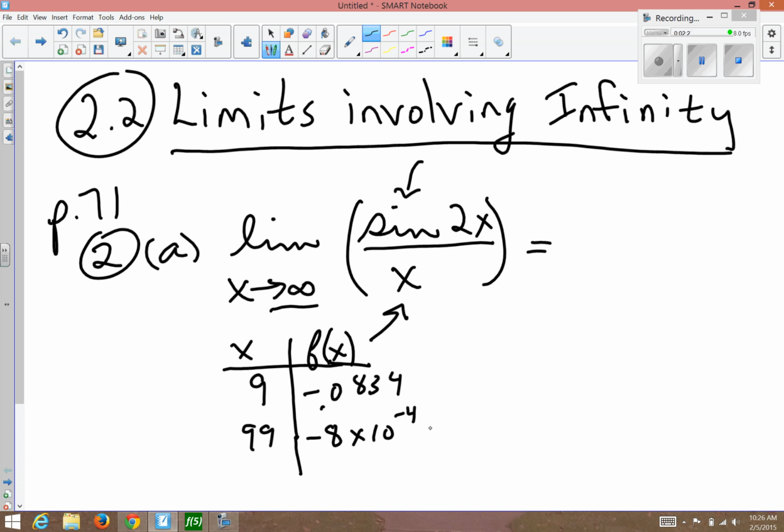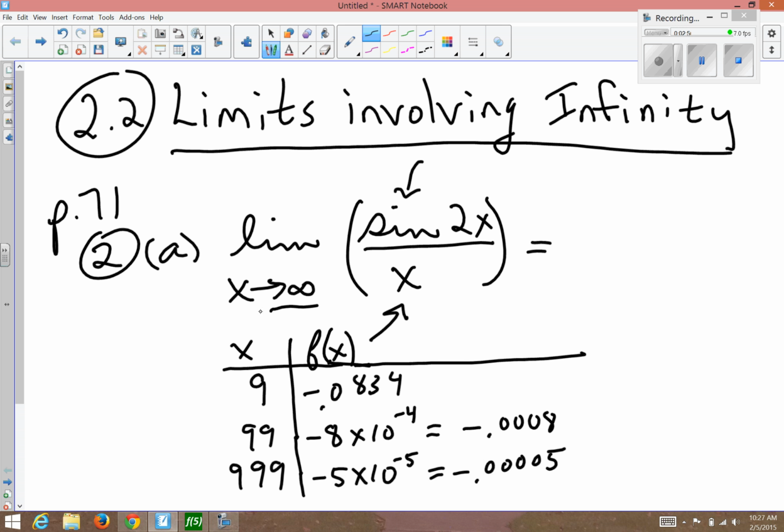It's scientific notation, which is actually negative 0.0008. When x is 999, that's even larger. f of x is negative 5 times 10 to the negative 5, which is negative 0.00005.